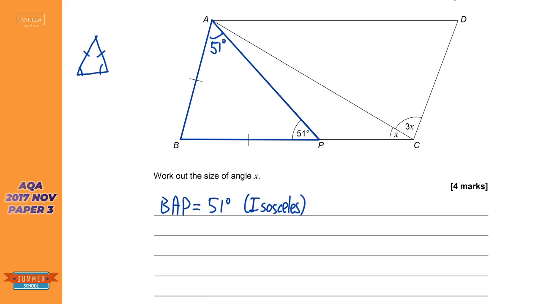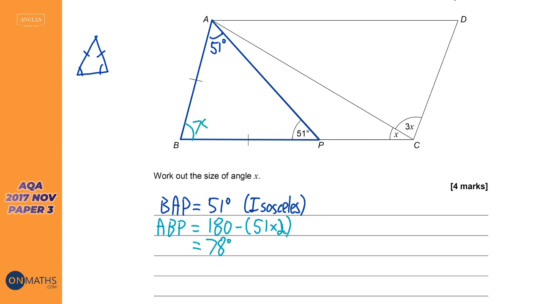Okay, for the next step, we can actually work out this one, and that's angle ABP. Because we just do 180 take away 51 times 2, which equals 78.